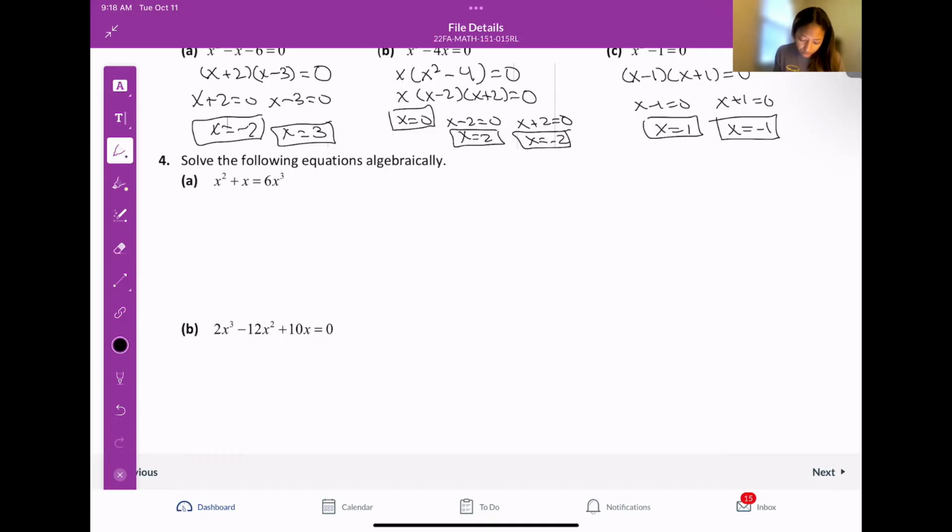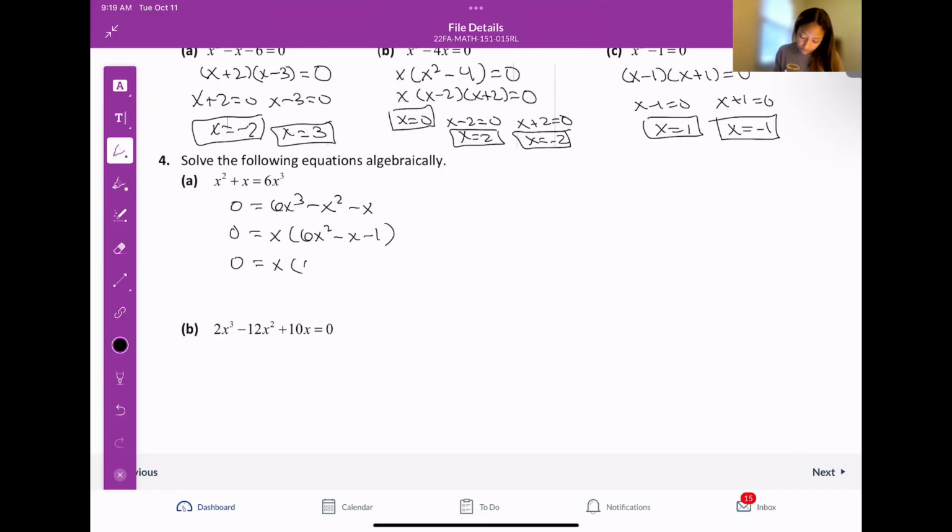But here I am going to make the left hand side 0, and then we'll have 6x cubed minus x squared minus x. And then I am going to factor out an x. So we have x times 6x squared minus x minus 1. And then factors of -6 that add to -1 would be -3 and +2.